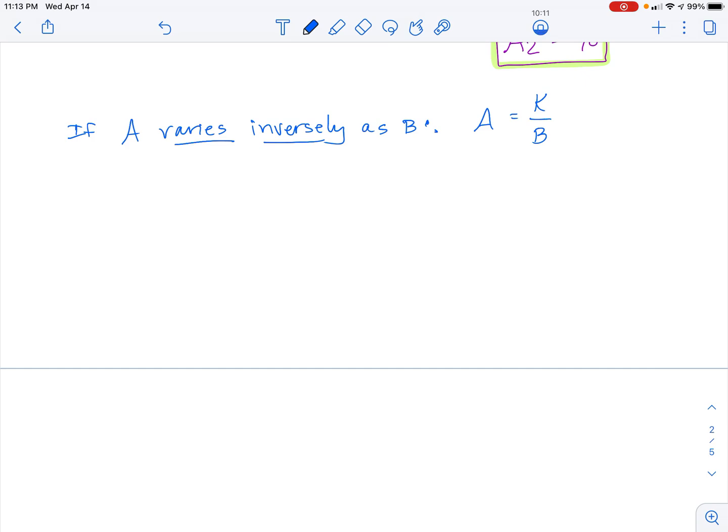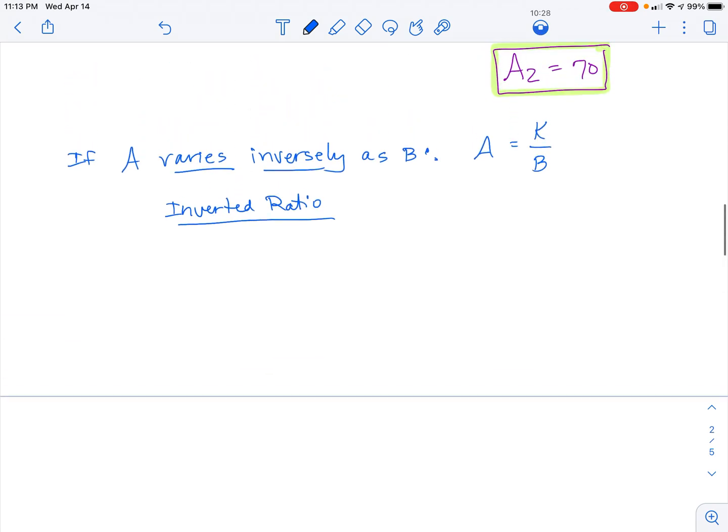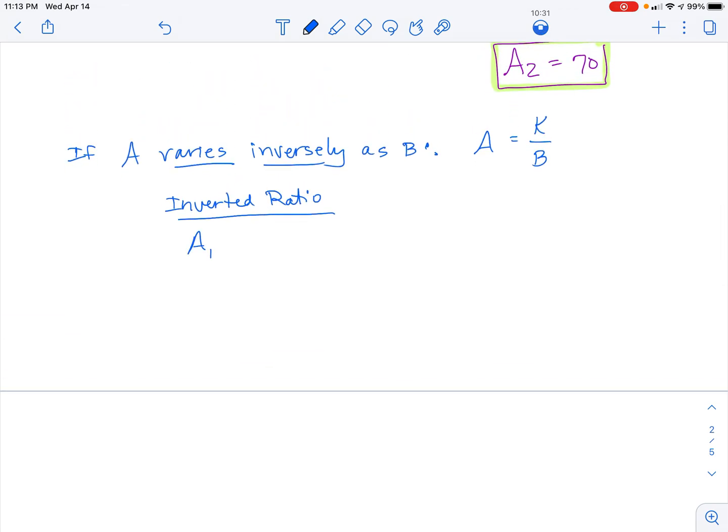Okay, so how would I use my new concept here? We're going to write something different here. So if A varies inversely as B, we're going to write an inverted ratio. So let's write the first part. It's going to be the same. What's your beginning A? What's your end A?